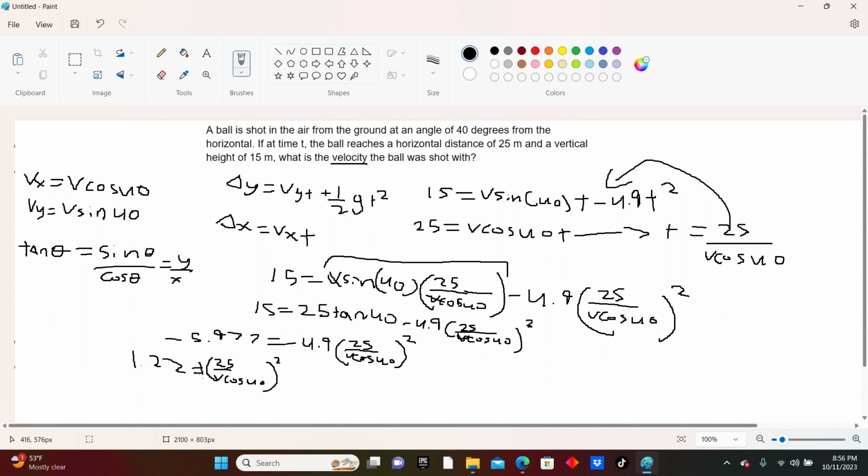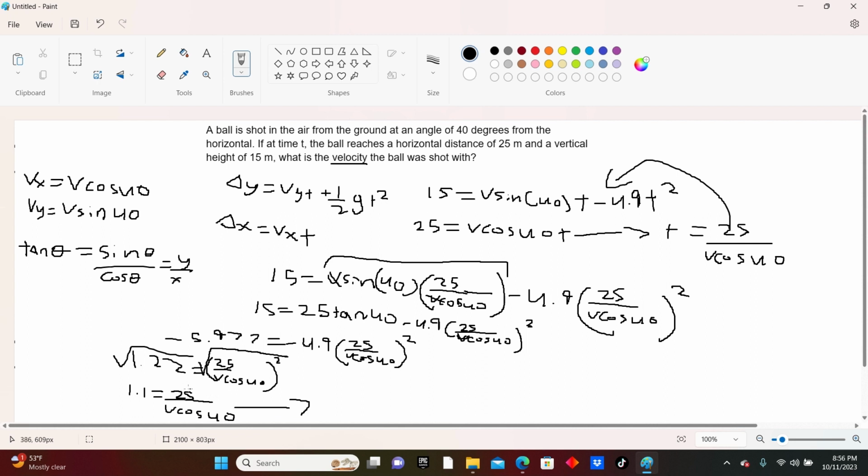So now we can take the square root on both sides. Square root here, square root here. And we can further simplify this by saying 1.1 about equals 25 by v cosine 40.